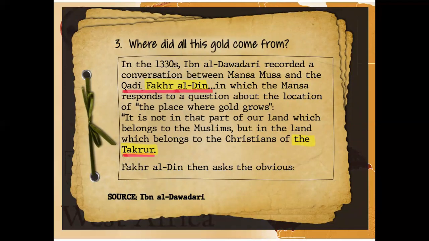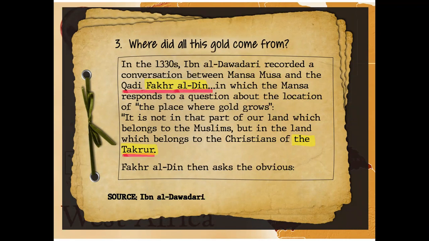We might want to search that in a separate tab, why he would be talking with him. And then the Takrur is another one of these proper nouns that we might want to look up. And this is one that personally I would type into Google and then click images and look to see where this area is, because we know from context where it's saying it's not this part of the land, but it's in this land, that we're talking about a geographic location, right?